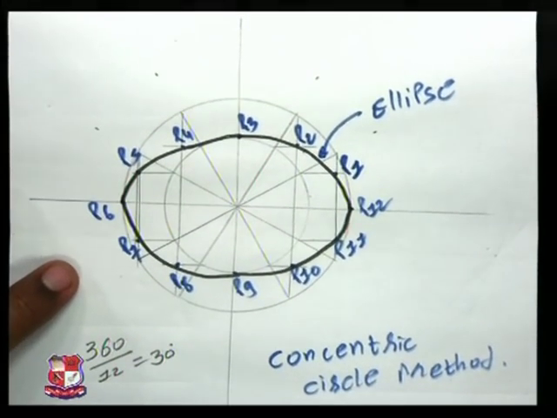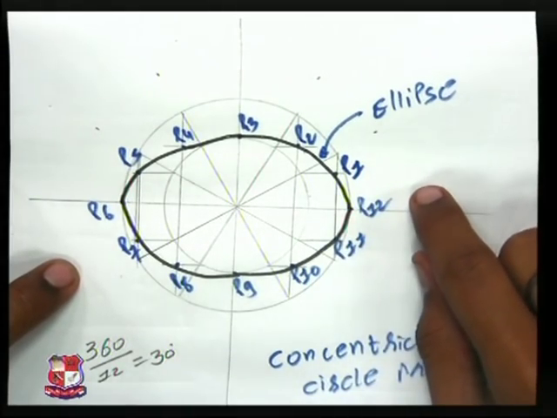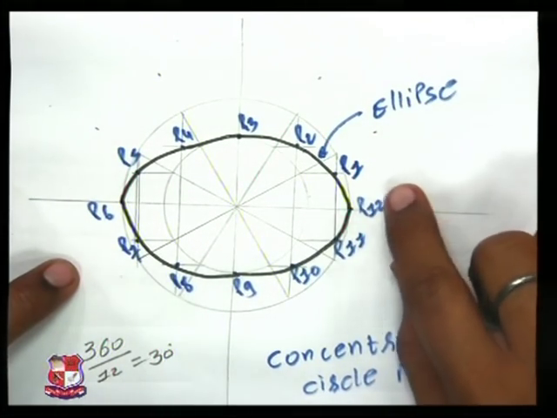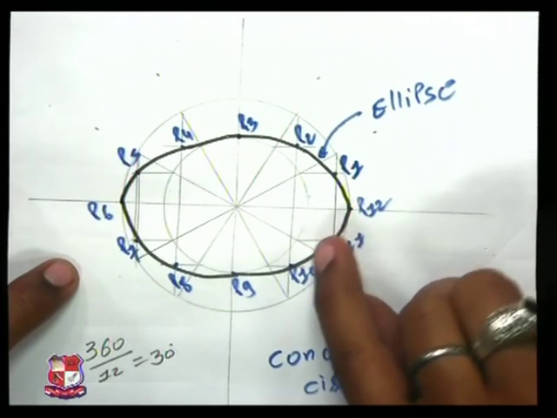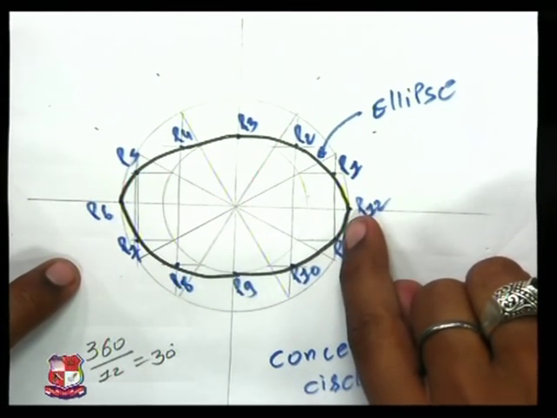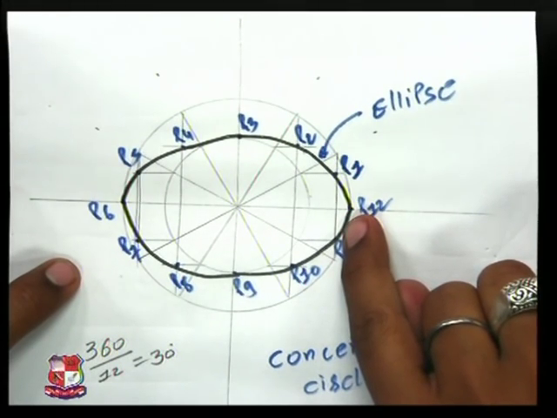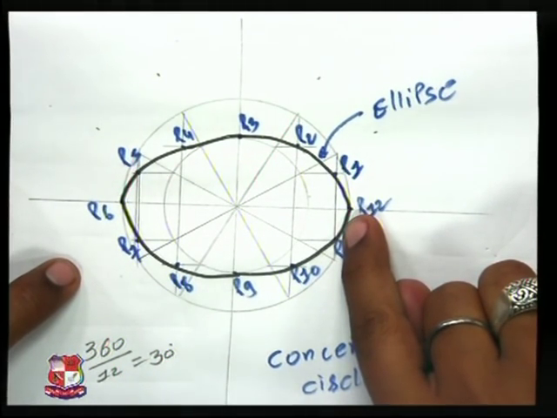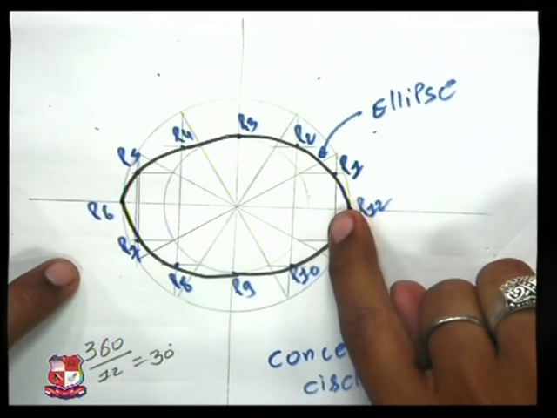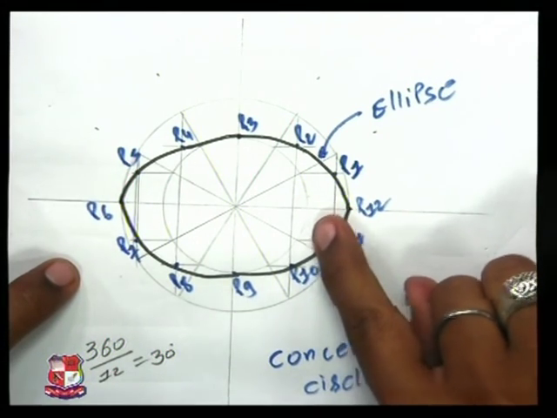We'll repeat once again. We have been given two things, major axis and minor axis. First of all, from the major axis we have drawn a circle. Here major axis is given as 80 mm, which means we have drawn a radius 40 circle.